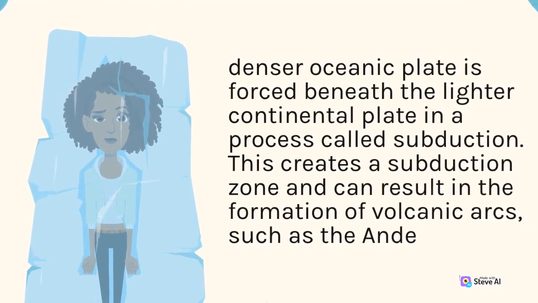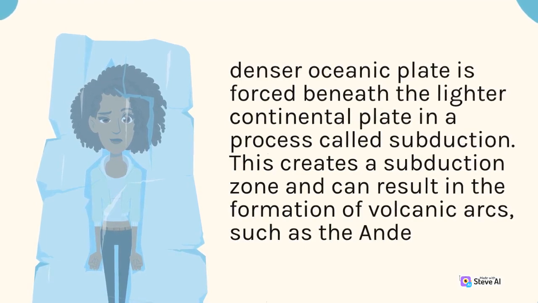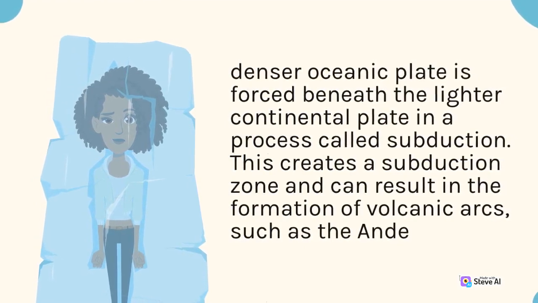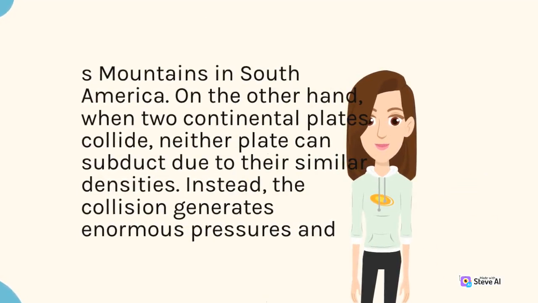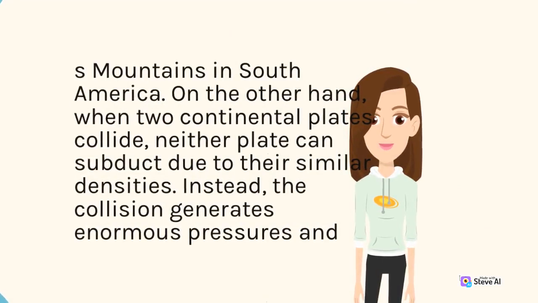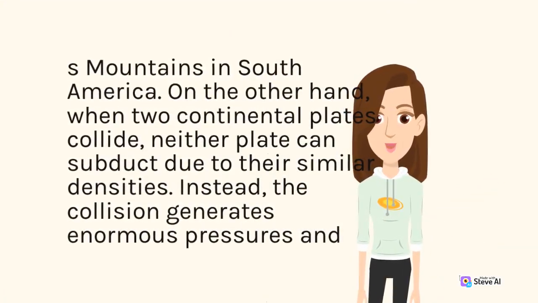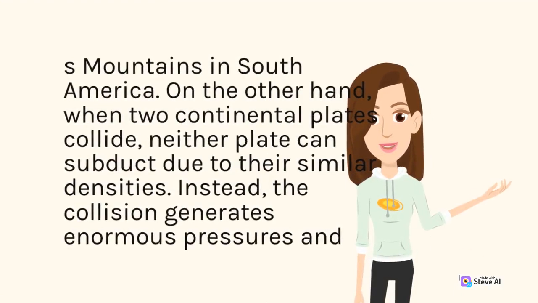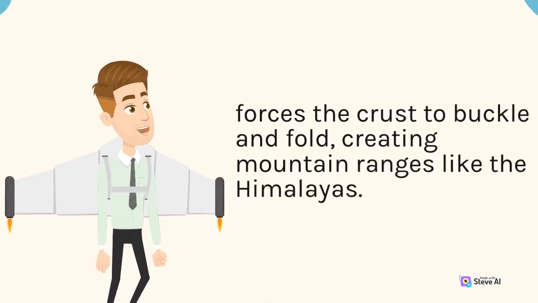This creates a subduction zone and can result in the formation of volcanic arcs, such as the Andes Mountains in South America. On the other hand, when two continental plates collide, neither plate can subduct due to their similar densities. Instead, the collision generates enormous pressures and forces the crust to buckle and fold, creating mountain ranges like the Himalayas.